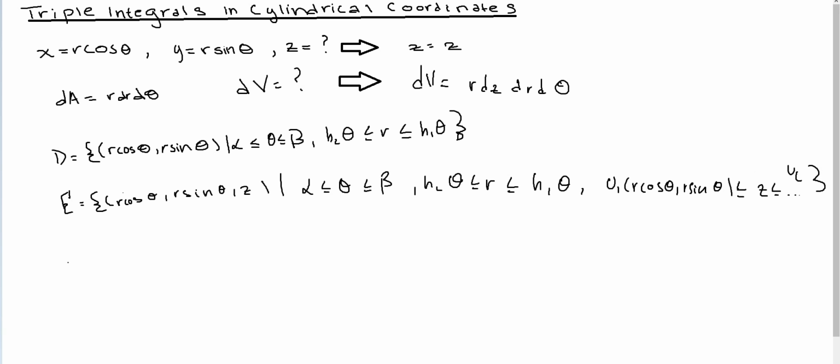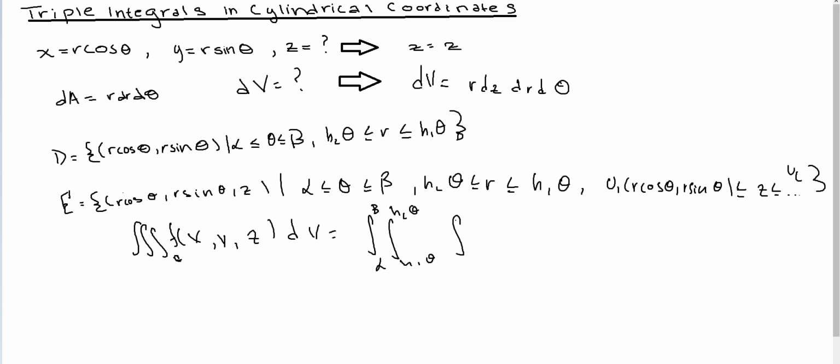So that means our triple integral in cylindrical coordinates is going to look like the following. So this is our Cartesian general region, the integral of f(x, y, z) dV is just equal to the integral from alpha to beta, from h2 of theta to h1 of theta, from u1 to u2, of f(r cosine theta, r sine theta, z) r dz dr d theta.